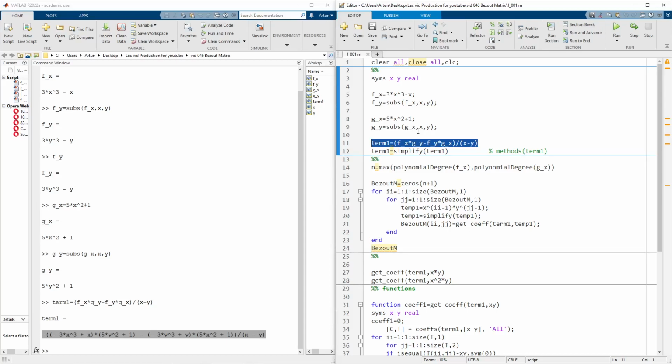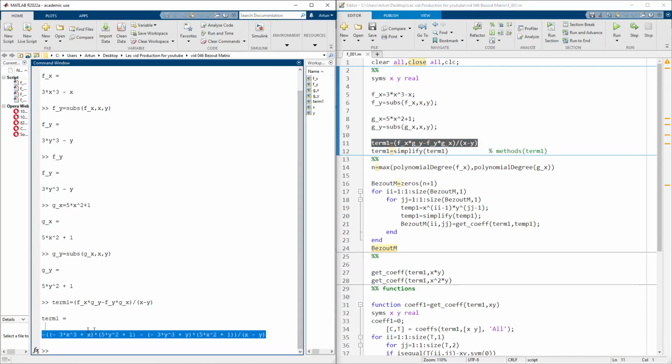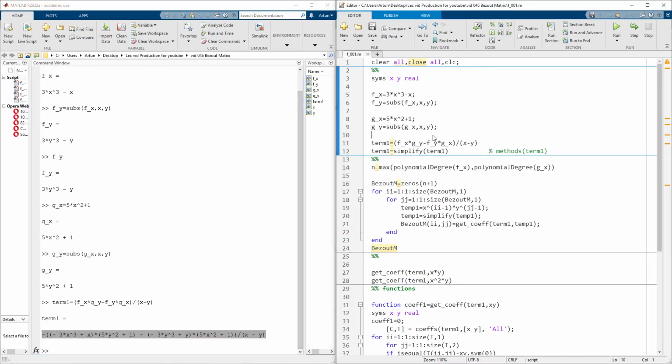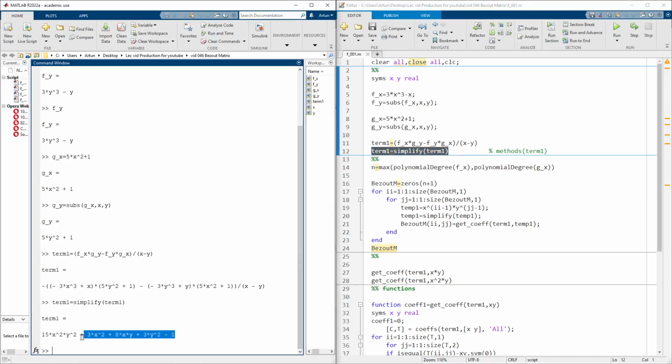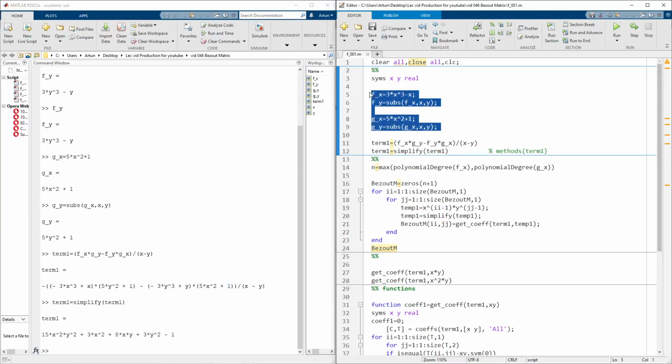This is not a polynomial, this is rational. So we simplify it, and conveniently we have the simplify function. What we have now is a polynomial in x and y. This is critical. If you have something like this, you should check your previous lines, as it would indicate you might have made some mistakes.